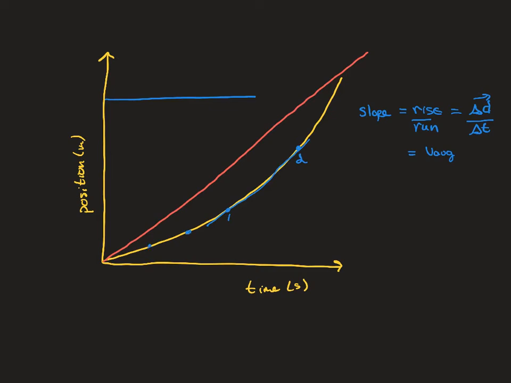But if I looked at points 3 and 4 here and drew a line through those 2 points, my slope here would not be the same value as my slope here. And you can see that this one is a little bit shallower. So that means that whenever you find the average velocity between these 2 points, you're going to get a different value, telling you that your velocity is not constant or that it's changing with time, and you have an actual average. So you're finding the average velocity between the 2 points you've selected.